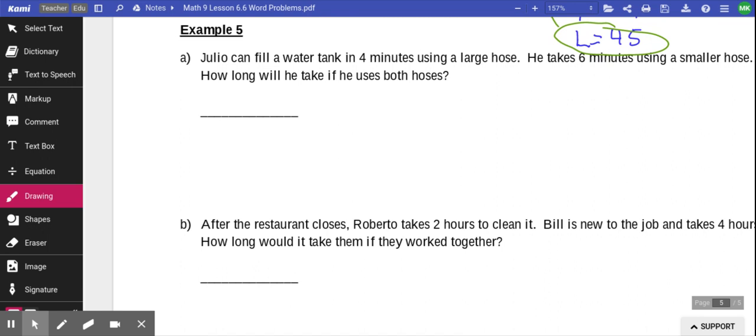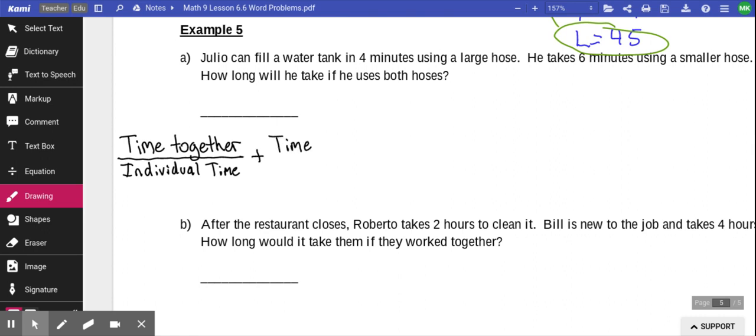So the way it works is that you're going to take the time together to do the job and divide it by the individual time for each thing. And you're going to do that twice because you're going to have two different things working together.